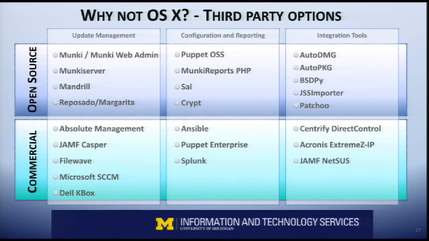Some of the other commercial tools for some of the integration pieces. Centrify DirectControl, if you need to integrate into an Active Directory environment, will help you do that very easily. You don't have to make any schema extensions in your AD, which makes it sort of a light touch implementation versus having to make schema changes. ExtremeZ-IP, these days made by Acronis, provides a full service AFP server on Windows.